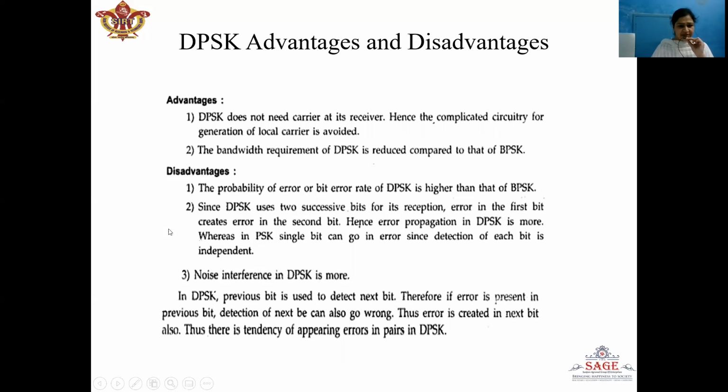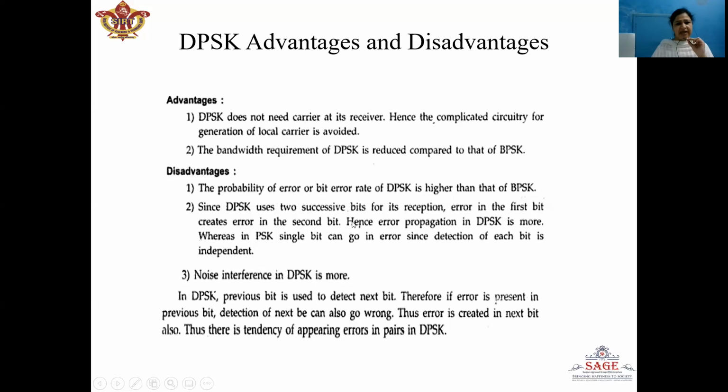Now coming to the disadvantages, the probability of error or bit error rate of DPSK is higher than that of BPSK. In DPSK, a bit determination is made on the basis of the signal received in two successive bit intervals. Hence, noise or error in one bit interval causes error in two bit determinations.